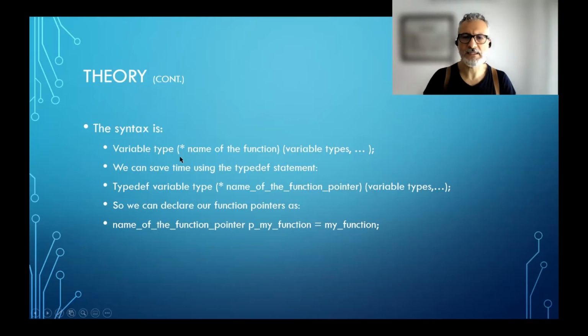Between parentheses, we have to put an asterisk because it's a pointer, and the name we have to give to the function pointer, and then inside parentheses, the different variables that the function pointer takes as parameters.